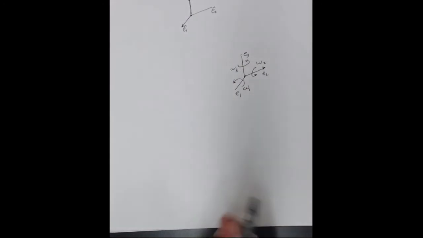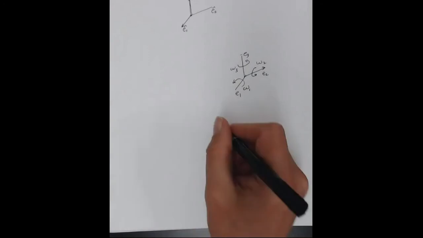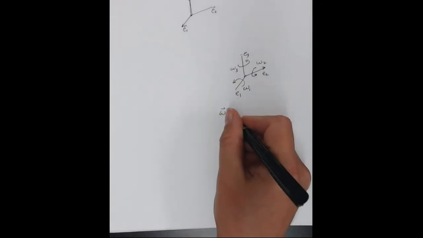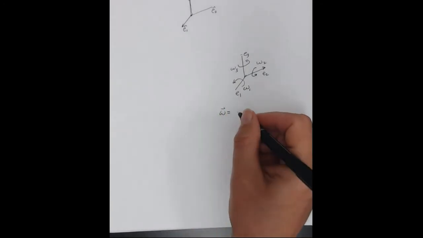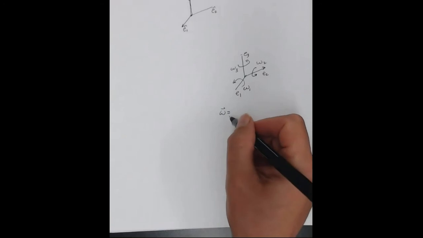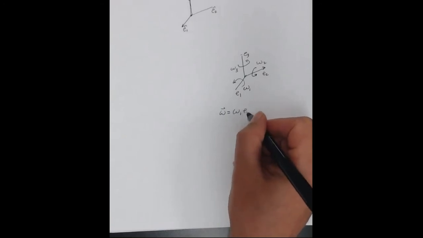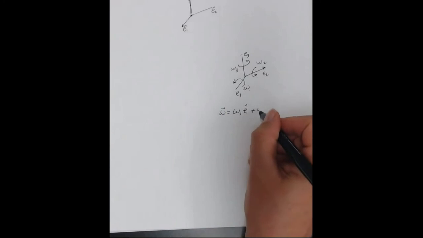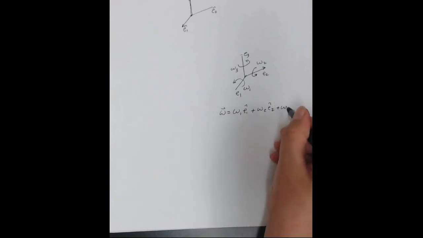So in general, you have all of this going on. So omega, in general, the rate of rotation of our coordinate system, is omega 1 E1 plus omega 2 E2 plus omega 3 E3.